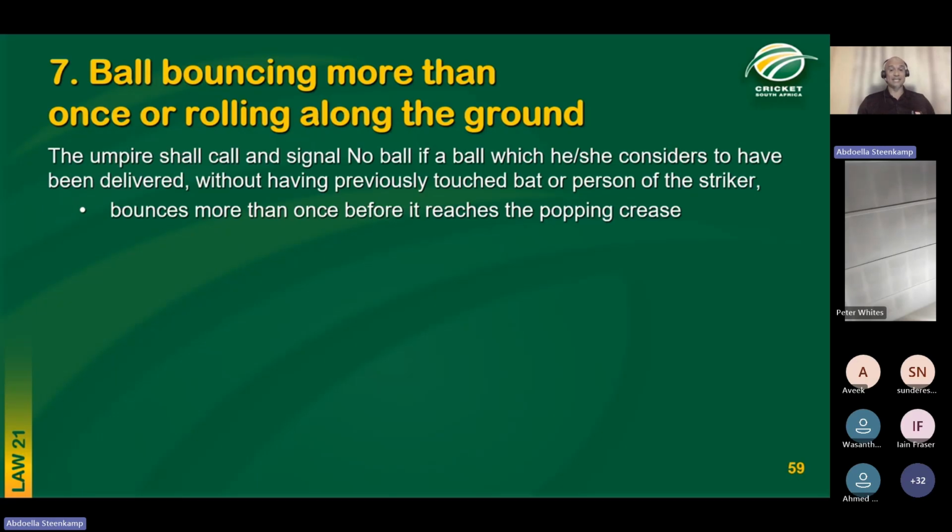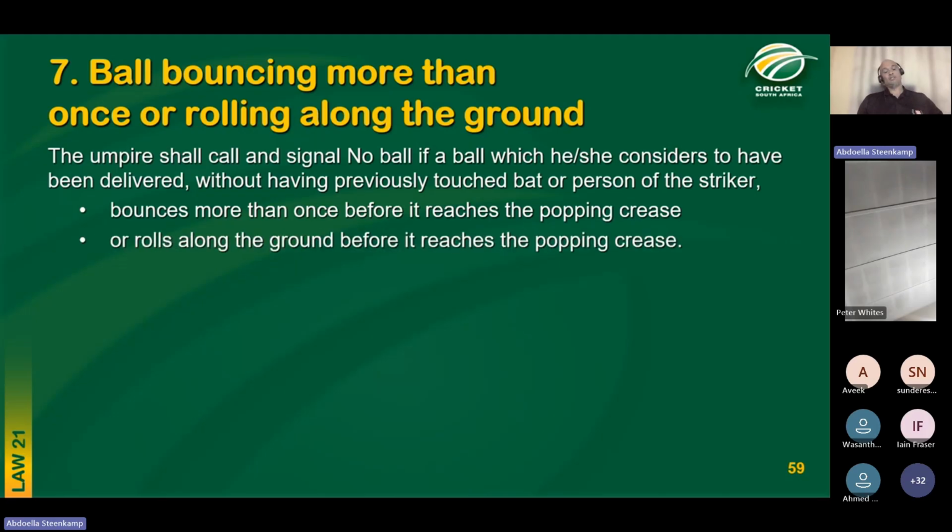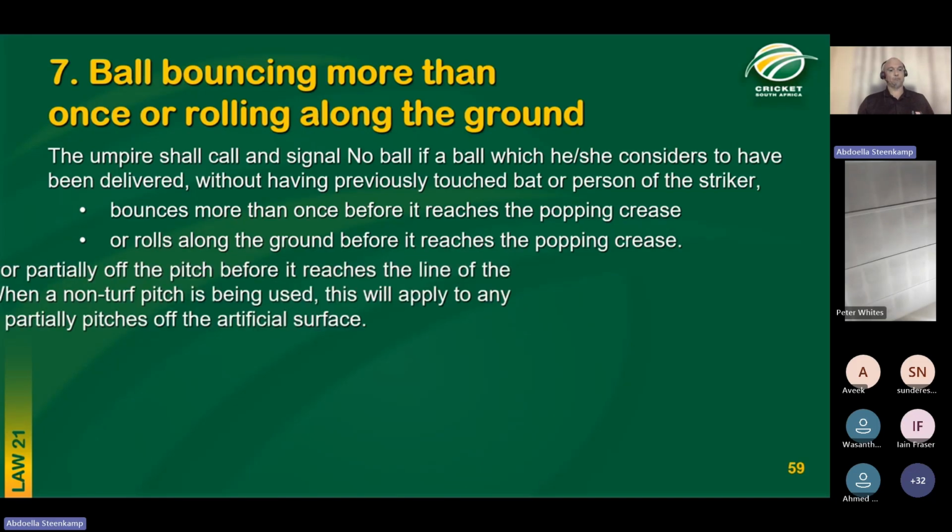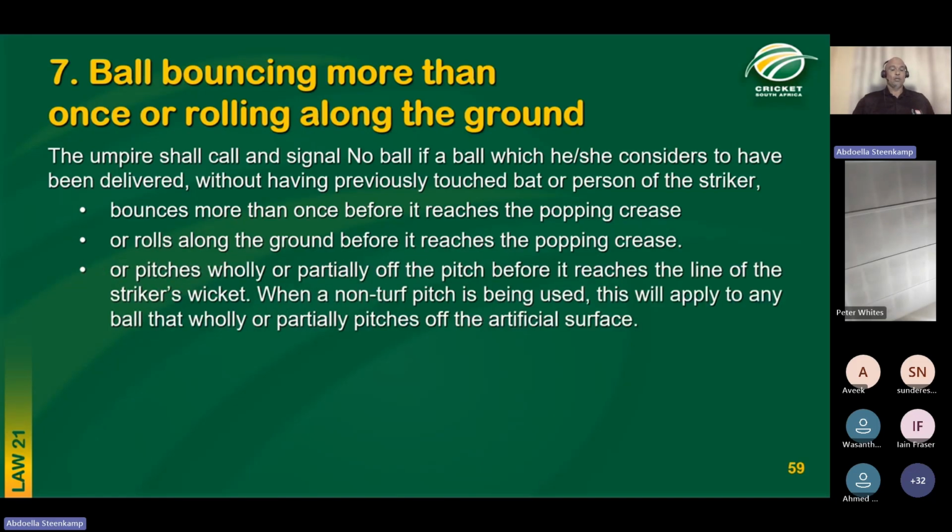If it bounces a second time before reaching the popping crease, you need to call and signal no ball. If it starts rolling along the ground before reaching the popping crease, need to call and signal no ball. Or if the ball pitches wholly or partially off the pitch before reaching the striker's wicket or the bowling crease, you need to call and signal no ball.